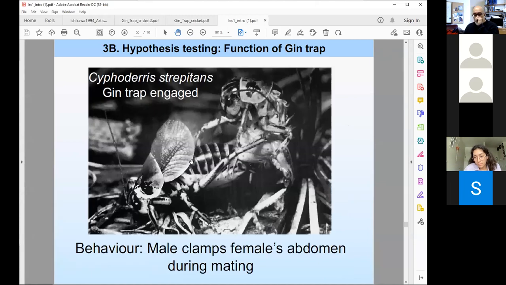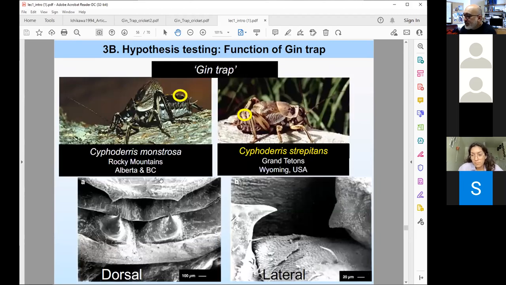So what's interesting is that the male has this trap that's basically like a clamp that clamps down on the female when mating starts. And the question is, why is this the case? So here are two species where you can see the trap.